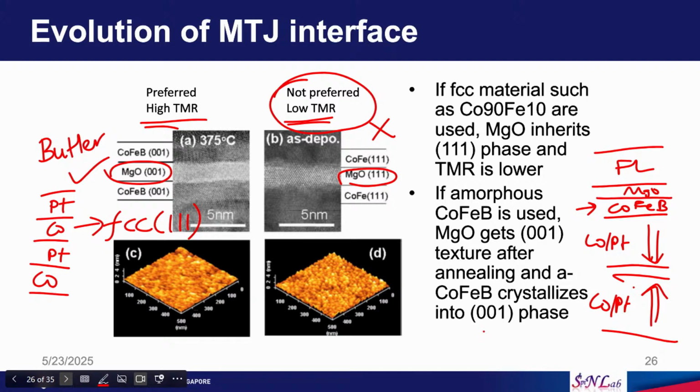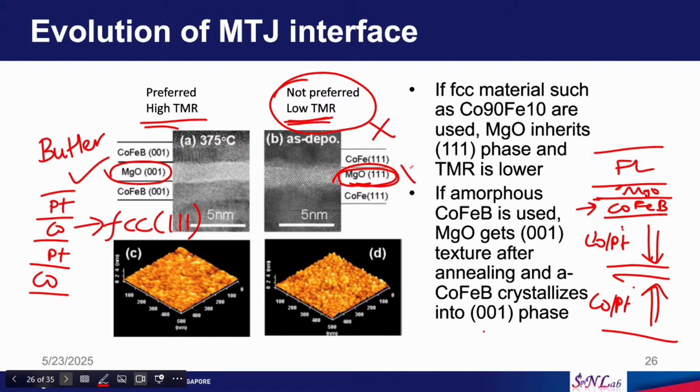Okay, so the reason we have the cobalt iron boron here is to break the crystal structure following. Okay. So, if this cobalt platinum is FCC 111, okay. So, if this is FCC 111, if you grow this magnesium oxide directly on top of this, then magnesium oxide will grow in this 111 texture, then you will have low TMR.